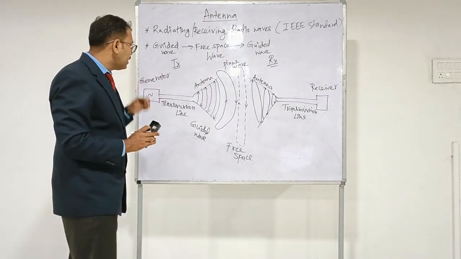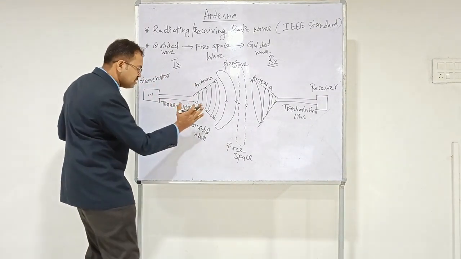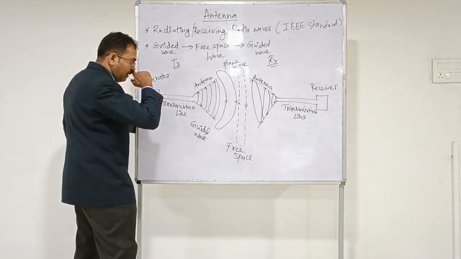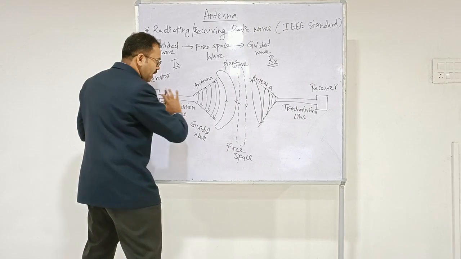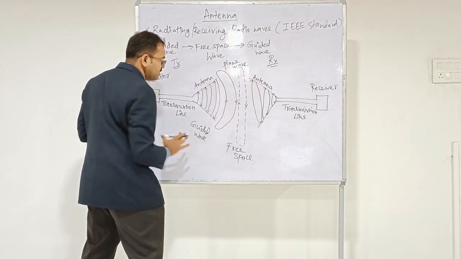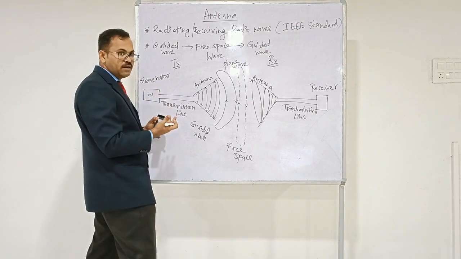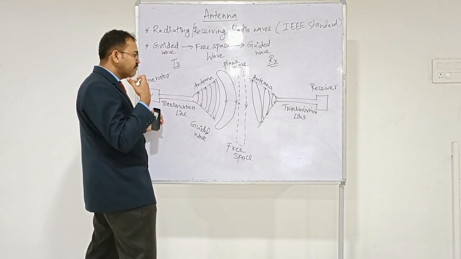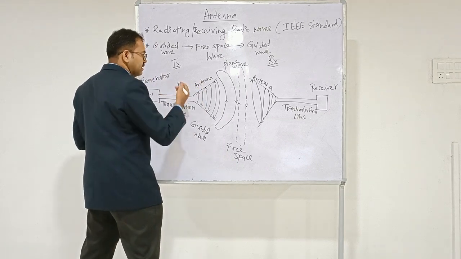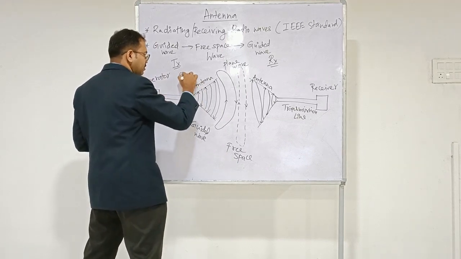You can call an antenna a region of transition between guided wave and free space wave. Here you have your guided wave and here you have your free space wave. This region of transition can be called an antenna, or an antenna can be called a transducer.